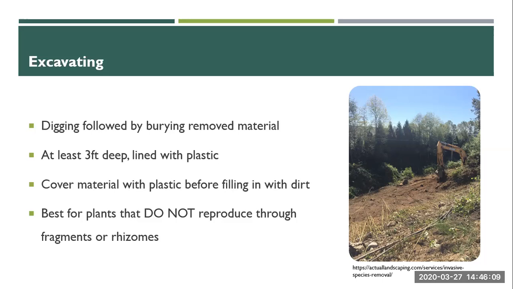So again, this is best for plants that do not reproduce through fragmentation or rhizomes, as the excavating can cause fragmentation and eventually spread and cause new populations rather than dealing with the population.